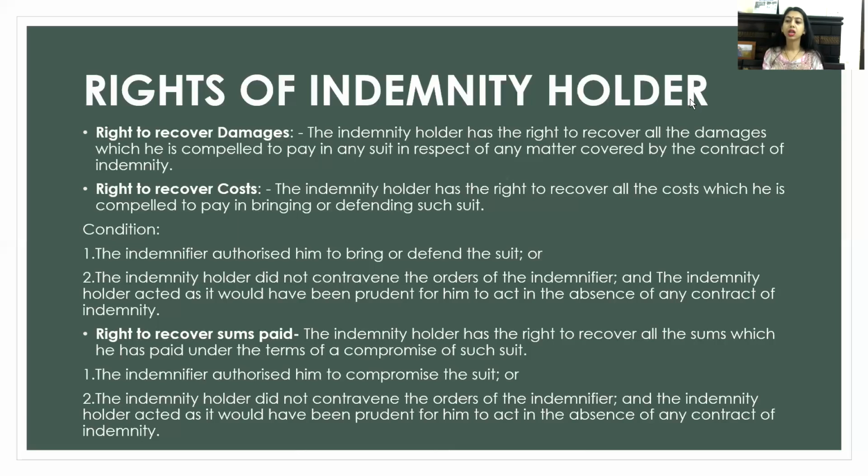Second essential condition is the indemnity holder did not contravene the orders of the indemnifier. Means the indemnity holder didn't go against the orders given by the indemnifier. Means he has followed all the orders or instructions given by the indemnifier, and the indemnity holder acted as it would have been prudent for a reasonable man to act in the same situation in the absence of a contract of indemnity.